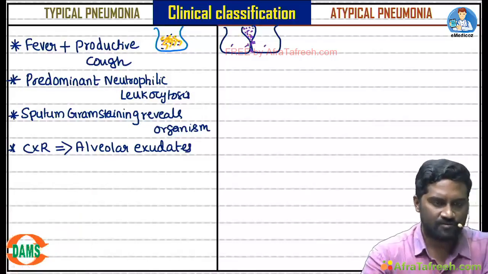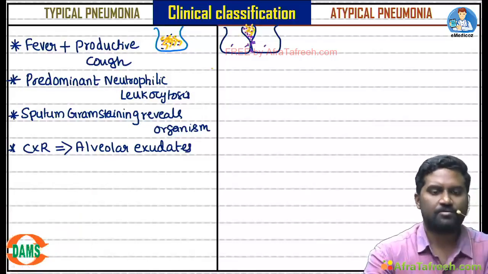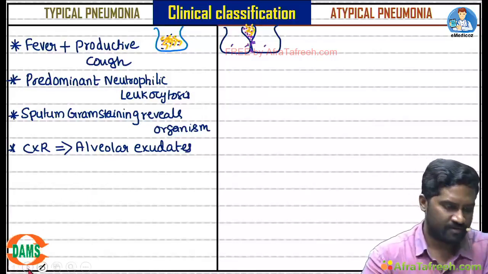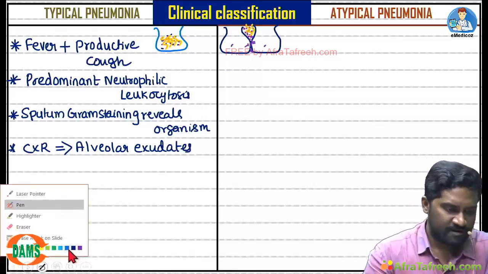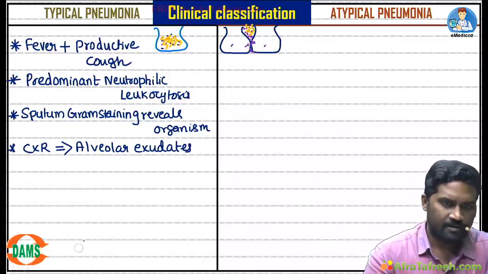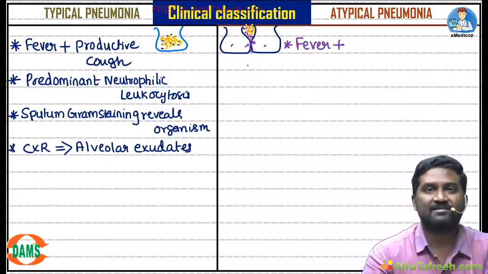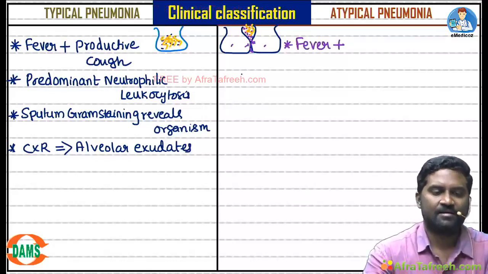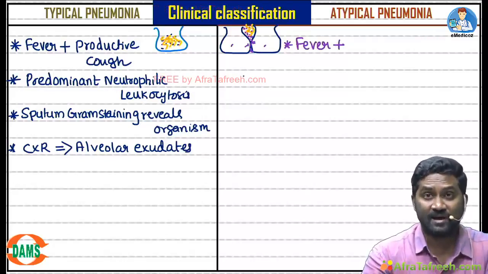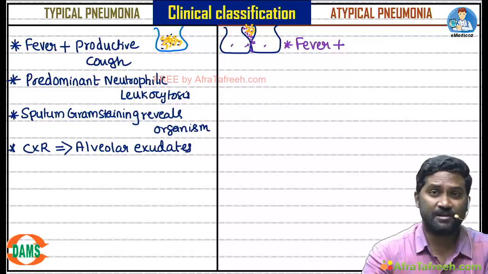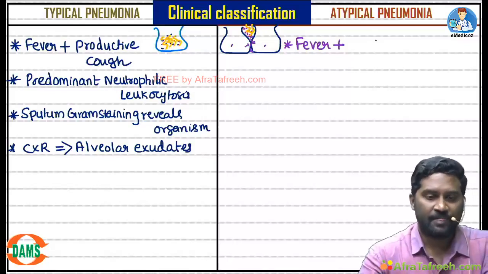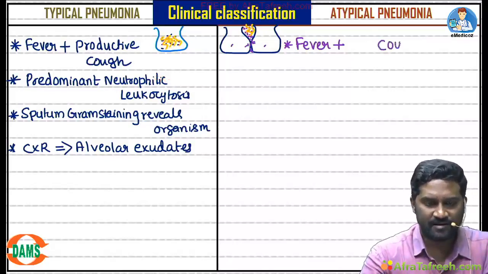Against this also your body is going to give an immune response, because this is also an infection. Patient will have fever. Because of interstitial inflammation, there will be some irritation. That irritation will result in cough.